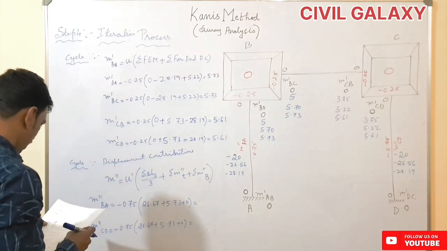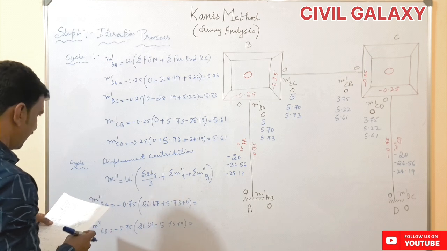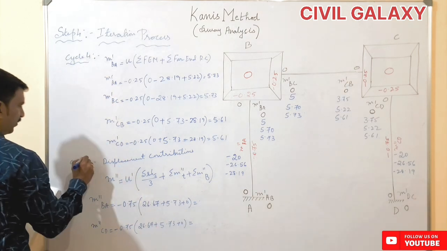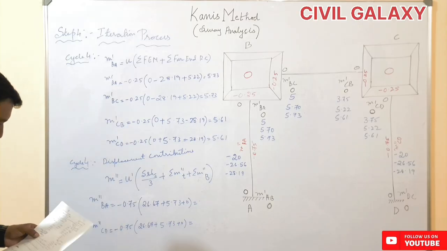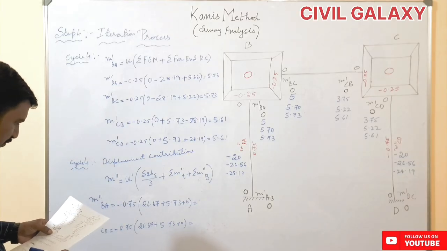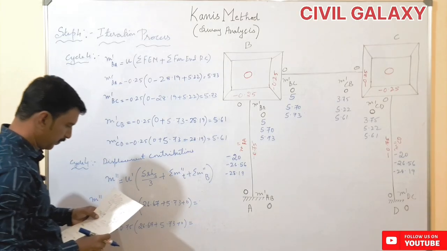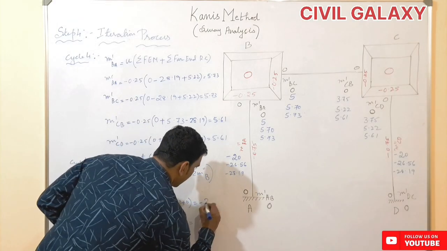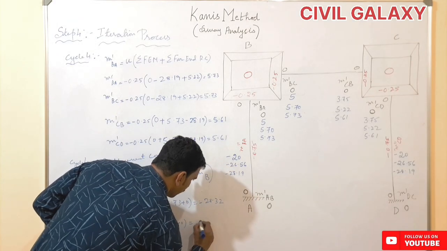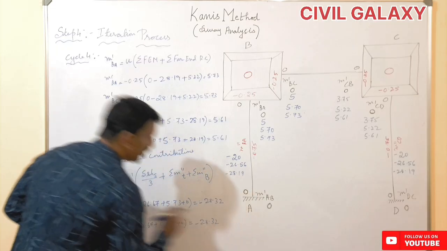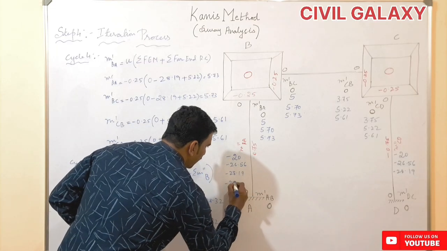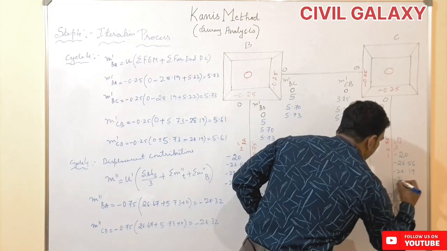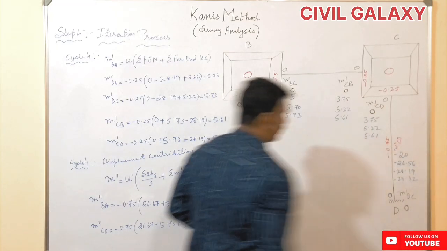So we are having a value of, this is the fourth cycle, sorry, forgot to mention, a value of minus 28.32, here also minus 28.32. So this value we will write over here, minus 28.32. So here also minus 28.32.